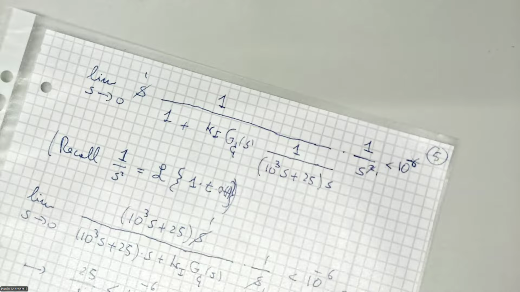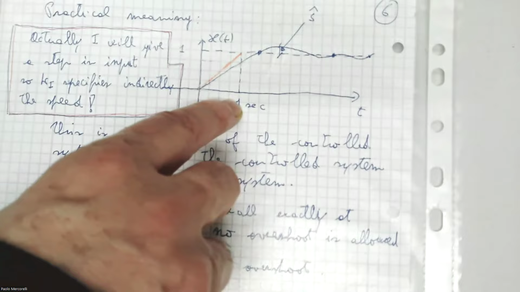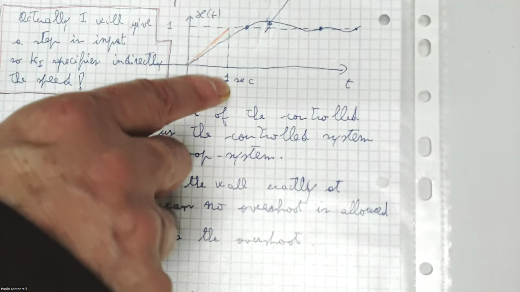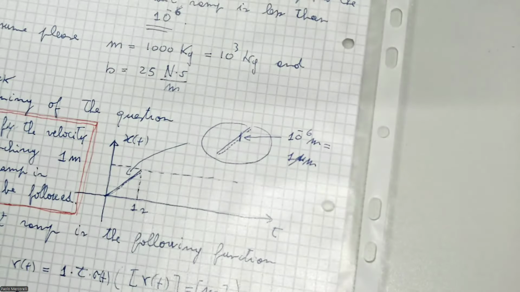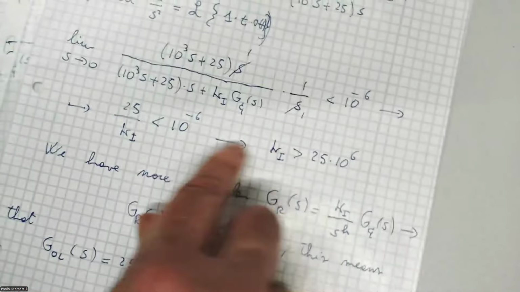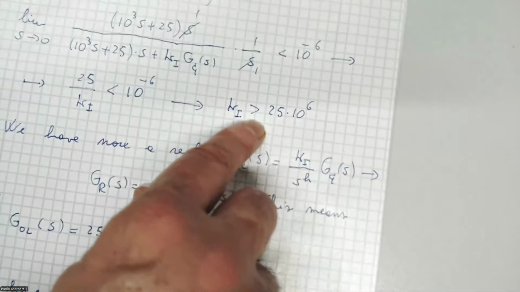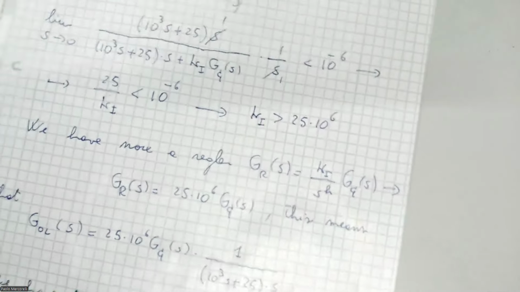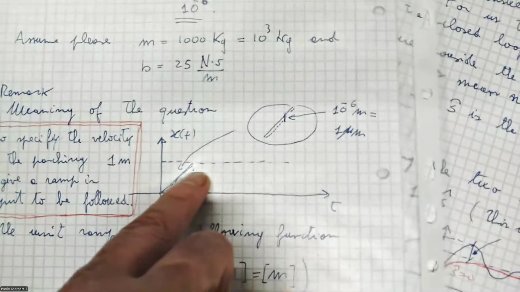This means I don't know where my answer is at 1 second, but increasing Ki, I will approximate this situation.